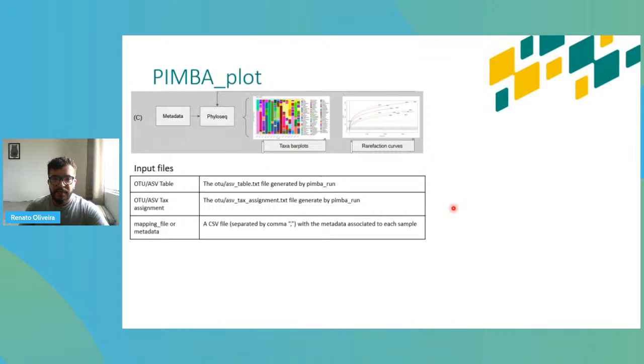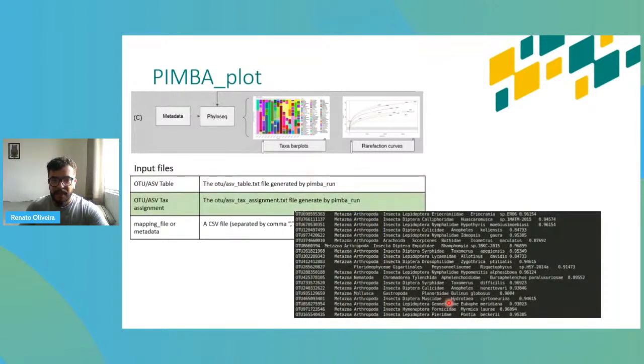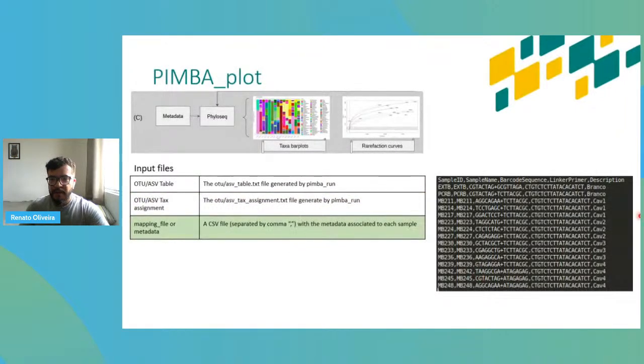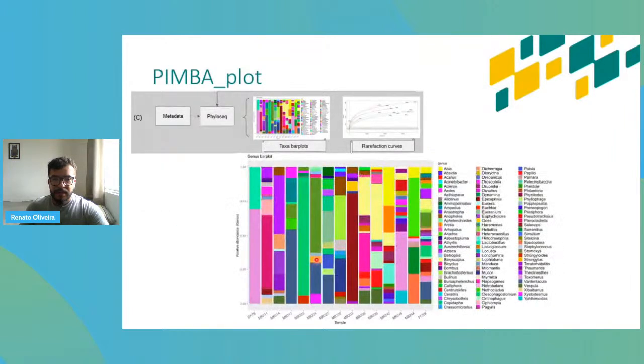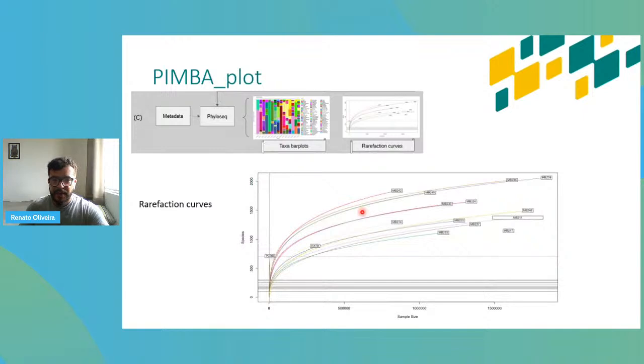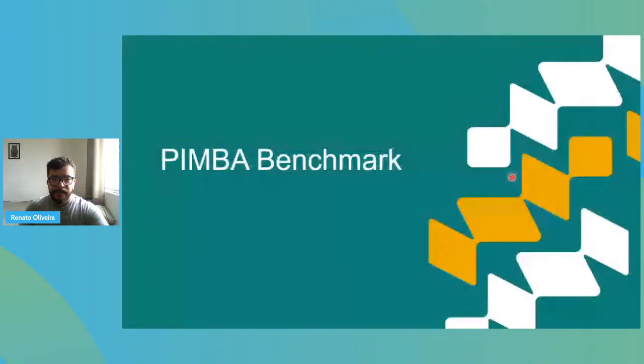For example, if you use the OTU table, the generated taxonomic assignment file, and a file with some metadata, you can use this command line with PIMBA plot to generate basic plots like taxonomic bar plots, rarefaction curves, and also some biodiversity information with PCoA and MDS.